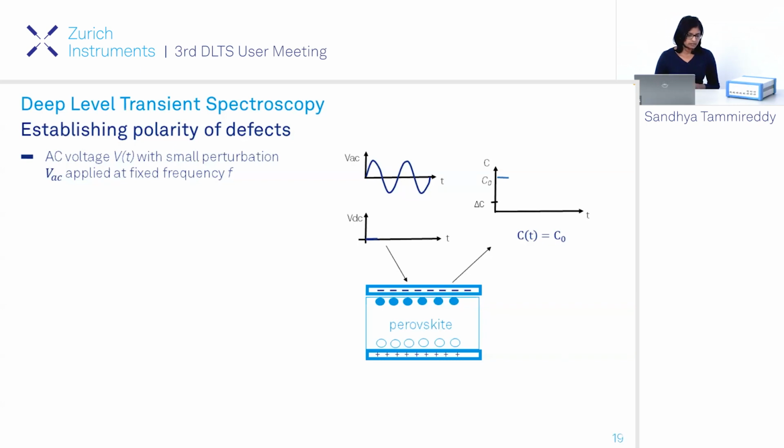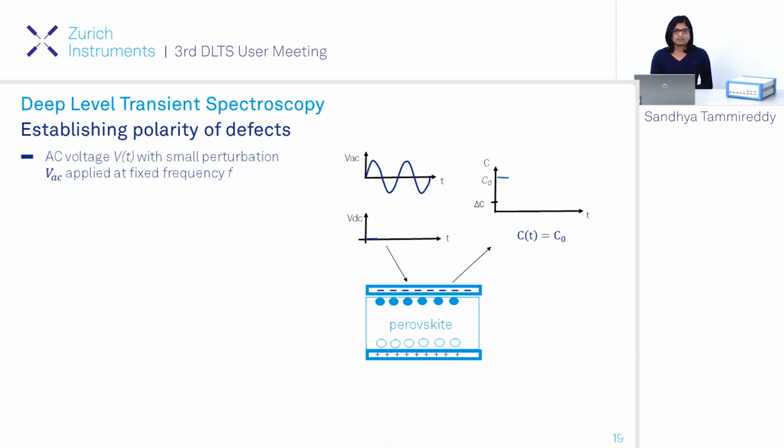In classical semiconductors, you try to fill your traps with the filling pulse, and you try to understand how the charges will relax back to their equilibrium condition. It gives you an emission rate. But when it comes to ionic conductors, due to the asymmetry in the device, or the built-in potential in the device, these ionic charges will already be accumulated at the interfaces.